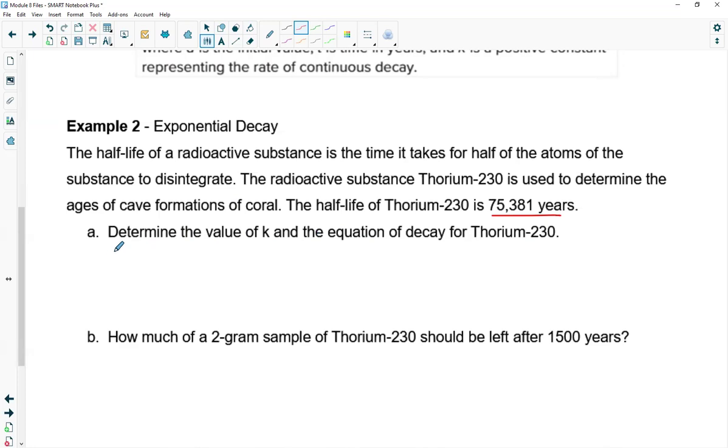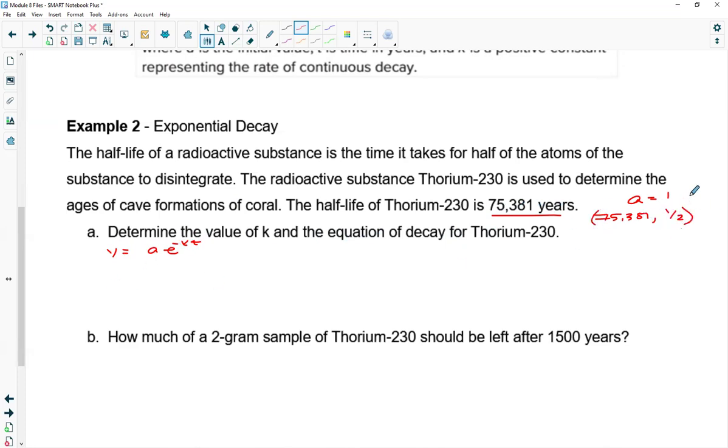So we know that f of x, or y, equals a e to the negative kt. Our a value can be anything we want. I'm going to let a be just 1, because we know that after 75,381 years, it's going to be half of that.